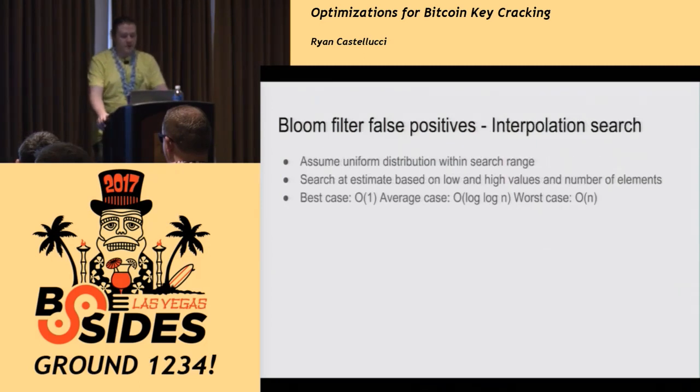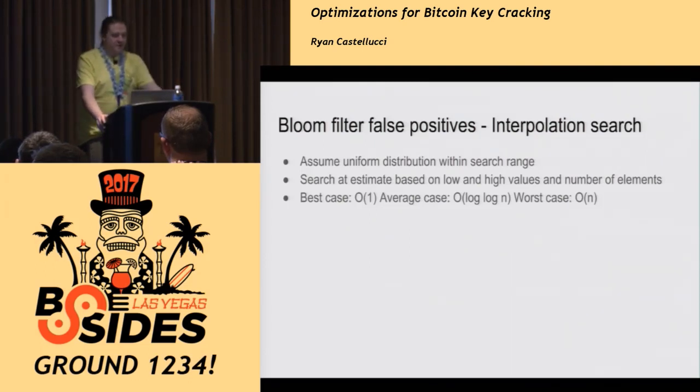So instead, there's another algorithm called an interpolation search, which works really well if you have a uniform distribution within your search range, which tends to happen when you have a bunch of hashes. This does have the disadvantage that if somebody is able to pass you crafted inputs that are specifically designed to ruin your day, you will be very, very slow.